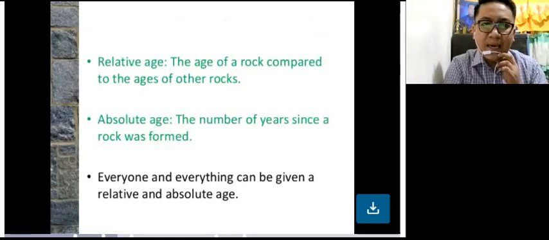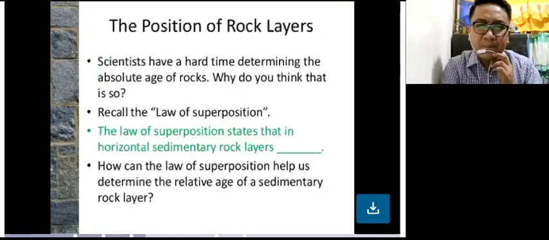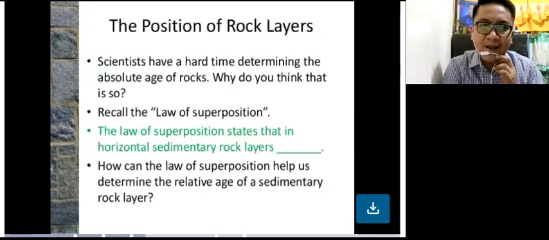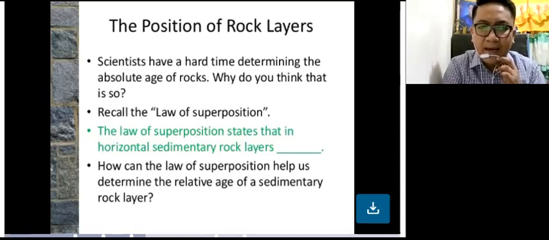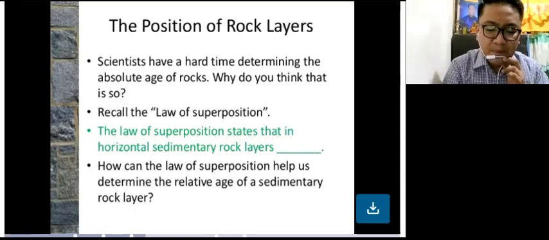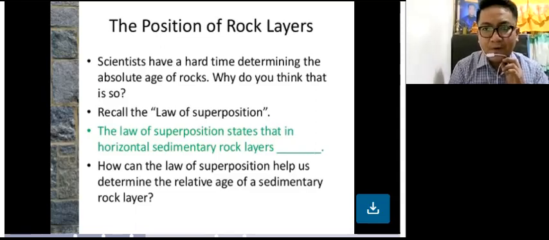Ito po, a little point po when we talk about the law of superposition. Ina-identify rin po ng mga geologists or nating mga scientists po why we have to think or talk about the law of superposition. Kasi po, napansin po natin yun, na-identify po dito yung oldest rock and youngest rock po. Common sense that the oldest rock or oldest layer is nasa ilalim.